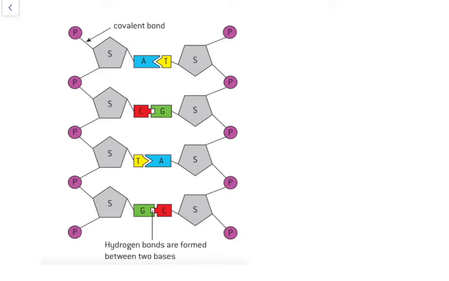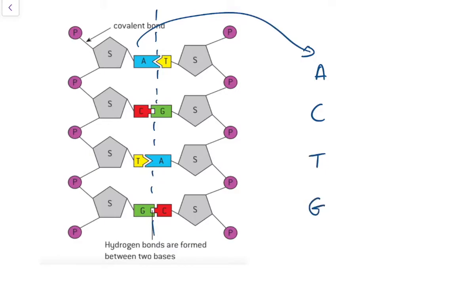So let's imagine we're separating these two strands, and this is a bit of a review of the structure of DNA. We can imagine it as two halves. And on this half, if we draw out the letters, we've got A, then a C, then a T, then a G. On the other side, we know what we've got.